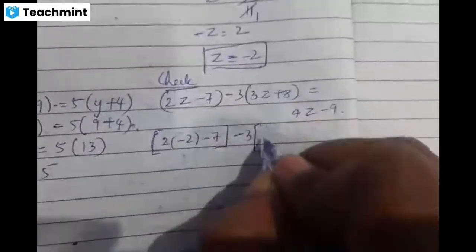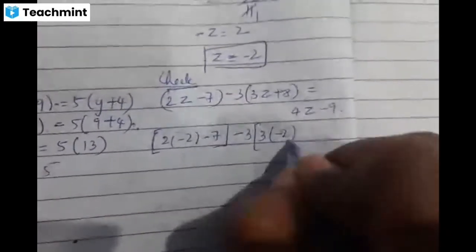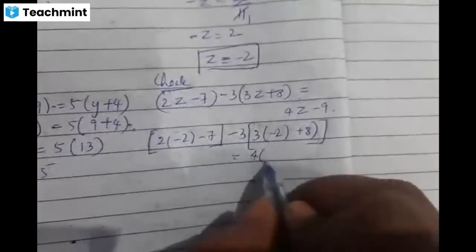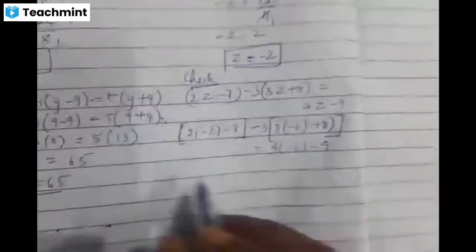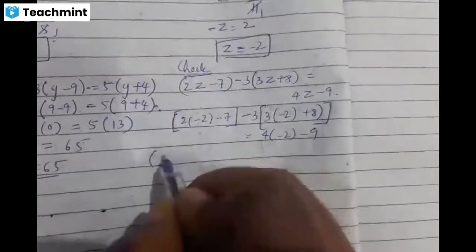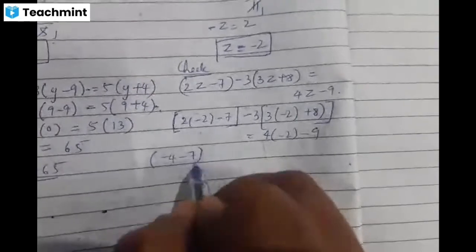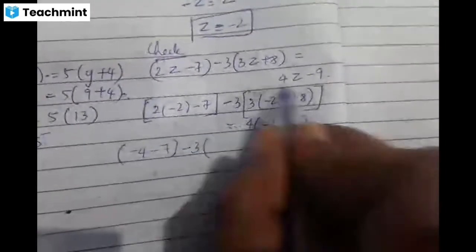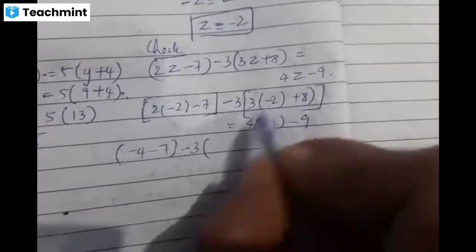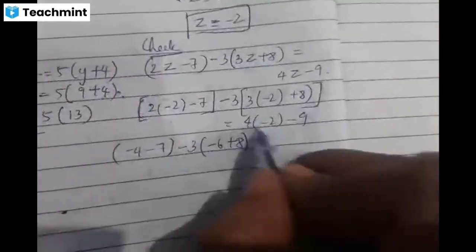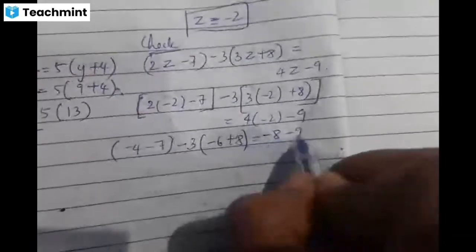Minus 3 into 3 minus 2 plus 8 is equal to 4 into minus 2 minus 9. Remove the brackets now. Minus 4 minus 7, minus 3 as it is. Inside let us solve first. Minus 6 plus 8 is equal to minus 8 minus 9.